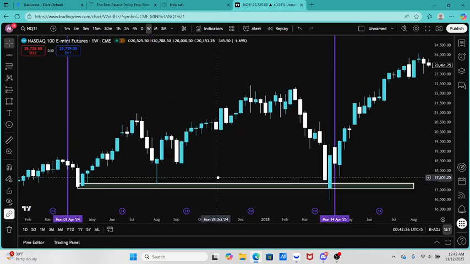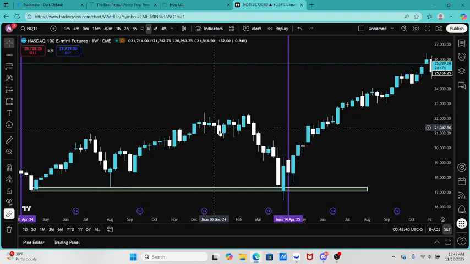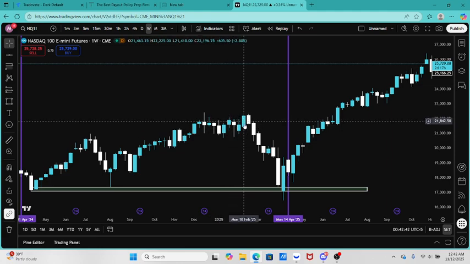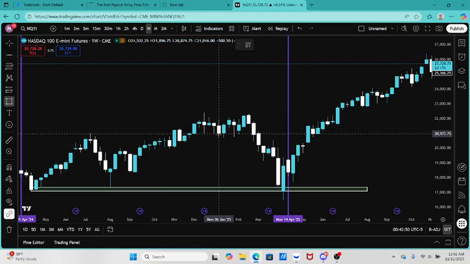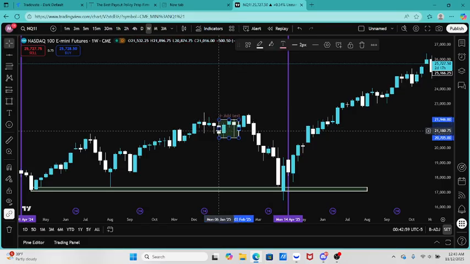Alright, now price comes up here. We start chopping around here. And then the same thing you want to watch for is we have this order block right here. And then I'll just engulf both, because there's an order block right here and one right there.